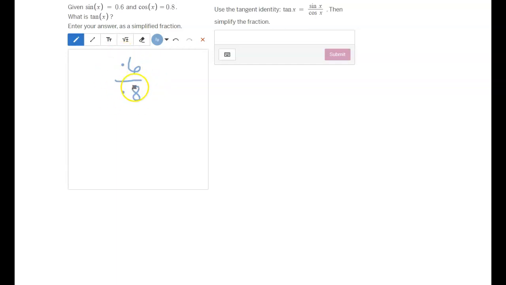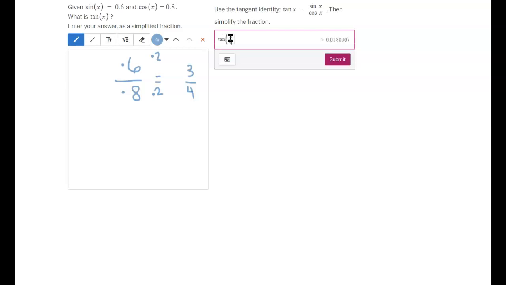Now, when we simplify this, we can go ahead and notice that 0.2 goes into both the numerator and the denominator. This is going to give us 3/4. So tan x is equal to 3/4.